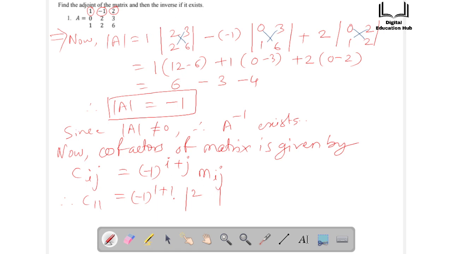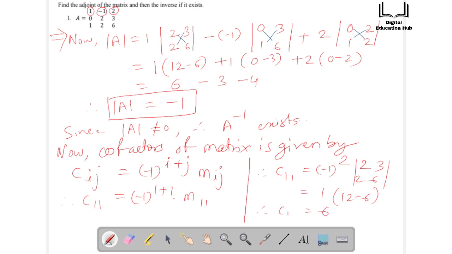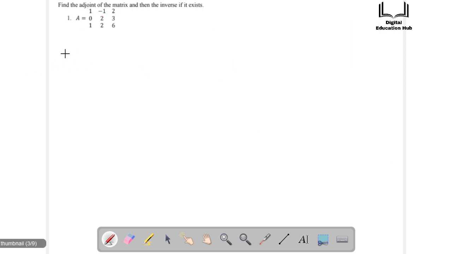So we can say that C11 is equal to minus 1 raised to 2, and what is M11? That is 2, 3, 2, 6, and since I have already told you how to solve this one, this will be plus 1 multiplied by 12 minus 6, and the answer is 6. So C11 is 6.